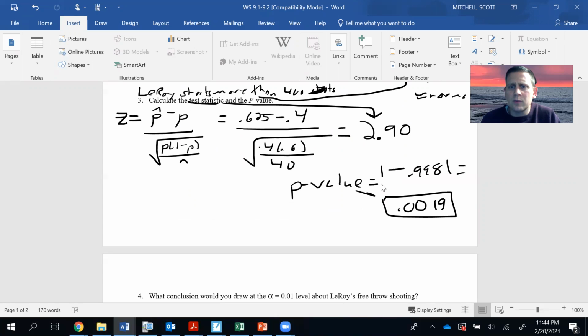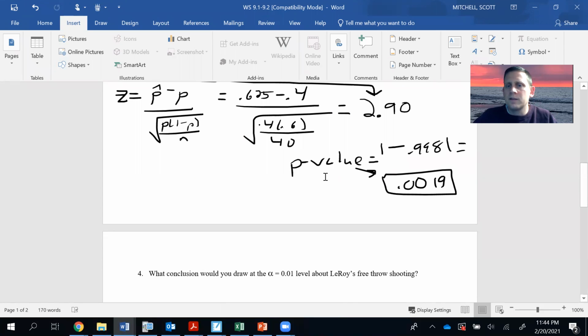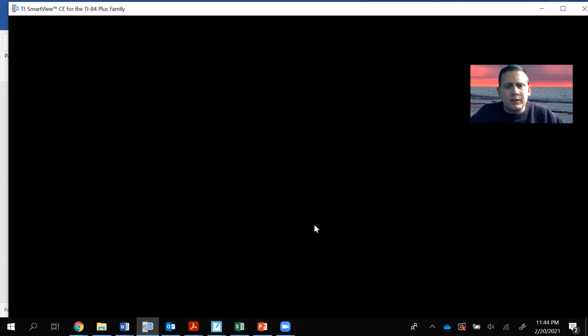There's my p-value. Again, it's only called a p-value when you have hypotheses with it. If this is the problem all by itself, it is not called a p-value. It's called a probability. This is just called a z-score or a z-statistic. Okay. So this is the work that we do. And so now let's take a look at our calculator. If it lets me load it up.